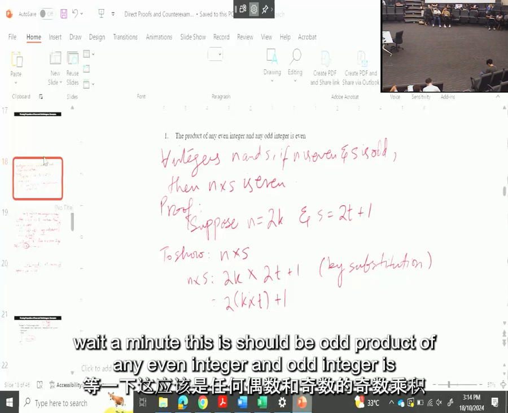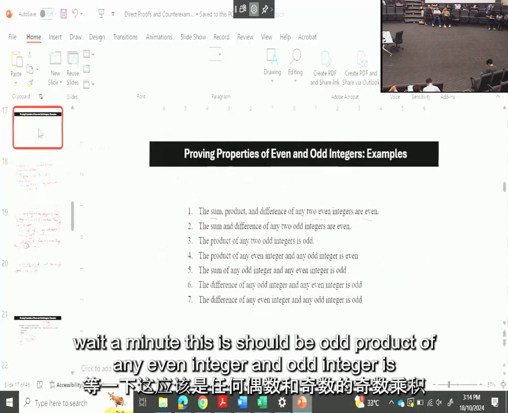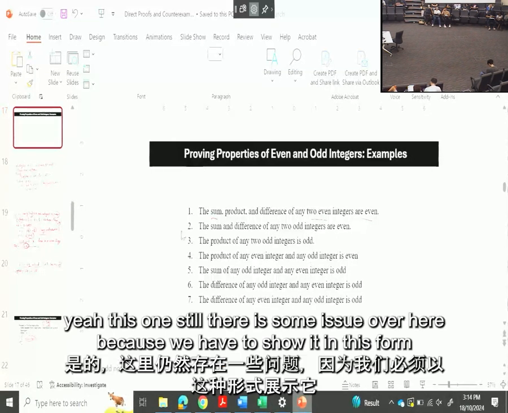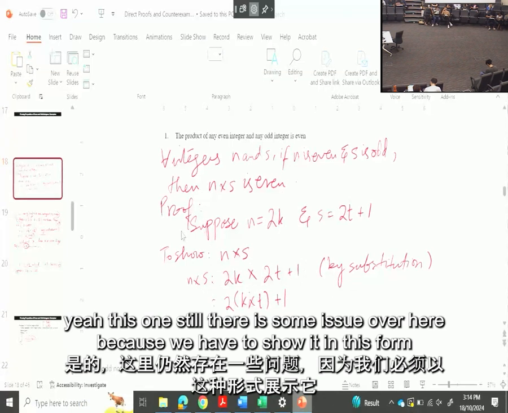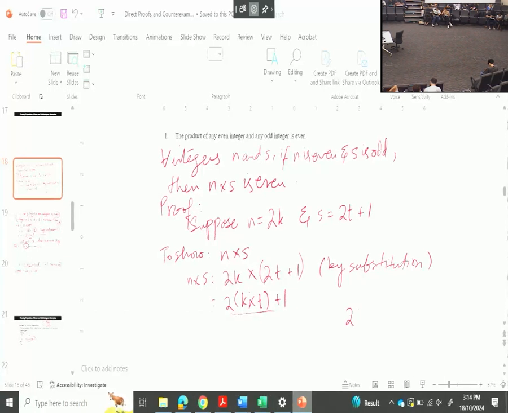Wait a minute. This should be odd. The product of any even integer and odd integer is. Yeah, this one. There is some issue over here because we have to show it in this form.